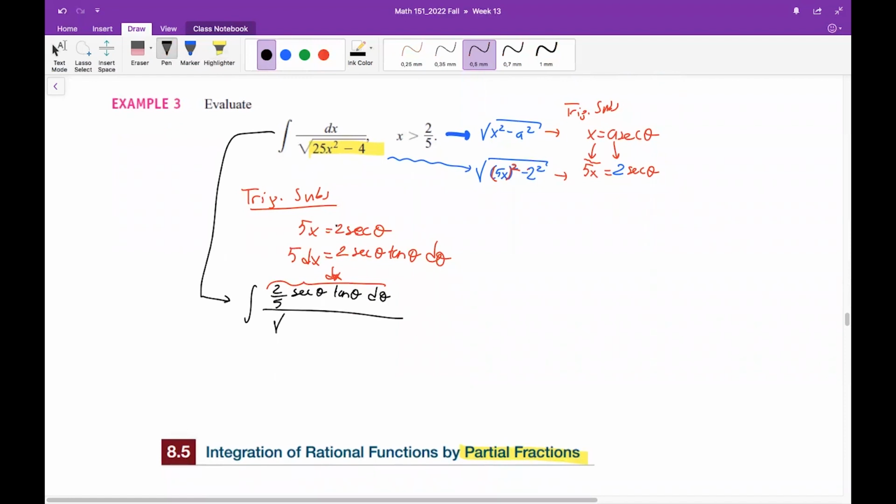We have 5x squared, right? So that's why the square of this thing minus 4, like this. And what is this thing here? Take 4 out in parentheses. So what is secant squared theta minus 1?